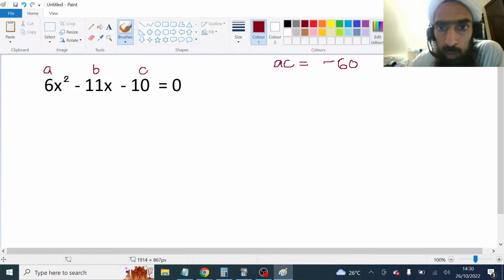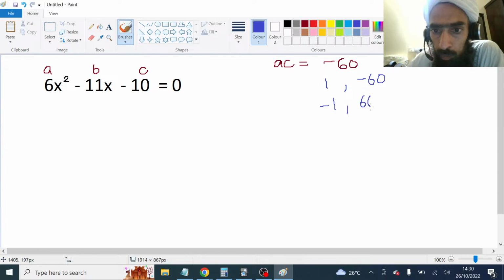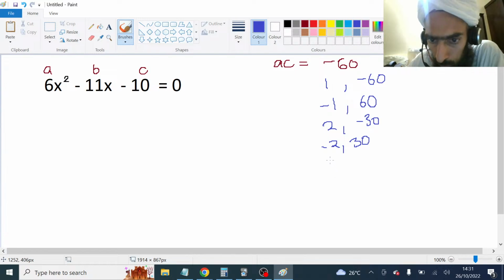Now carry on as normal and let's get the factors, the times to get minus 60, starting in order. 1 is always a good place to start. And then try to use the numbers again, but change the signs. And then keep going, preferably in order so that you don't miss any possible pairs.